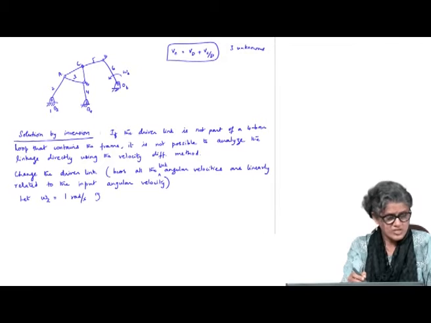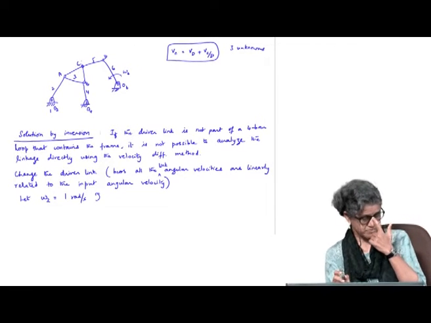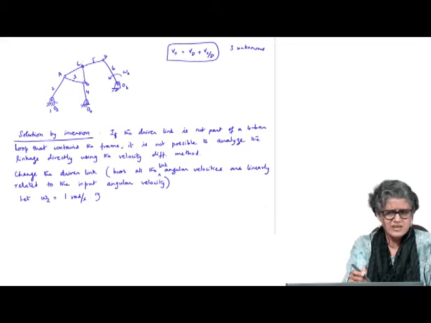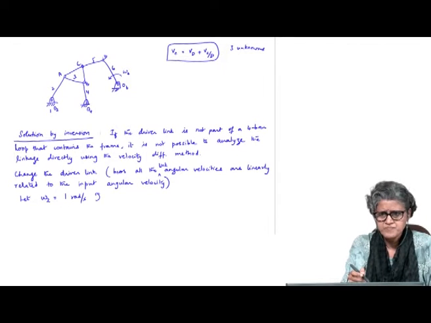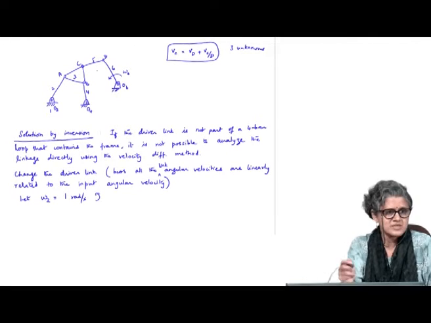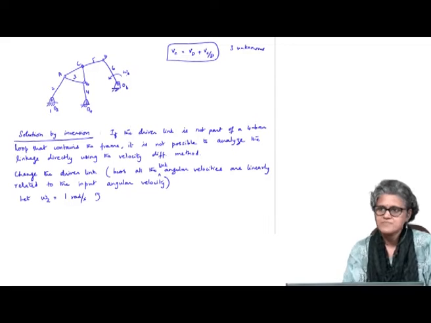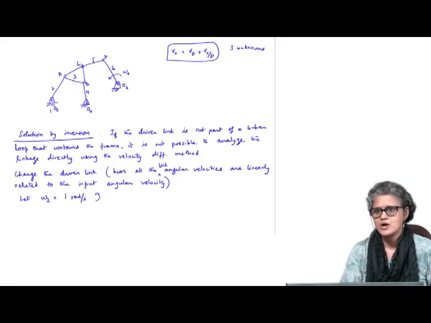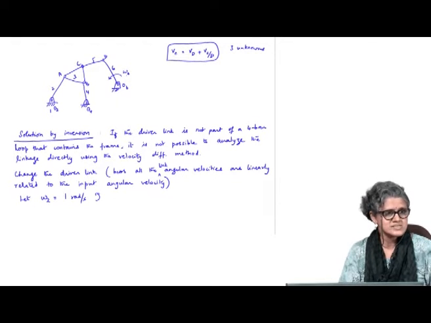I can solve for velocity of B, velocity of A. By image, I can find the velocity of C. Once I know the velocity of C, I can find velocity of D and all the omegas. Now, whatever omega 6 I get, I just have to scale it by my original omega 6. So I scale everything accordingly, and I can solve using the existing methods.